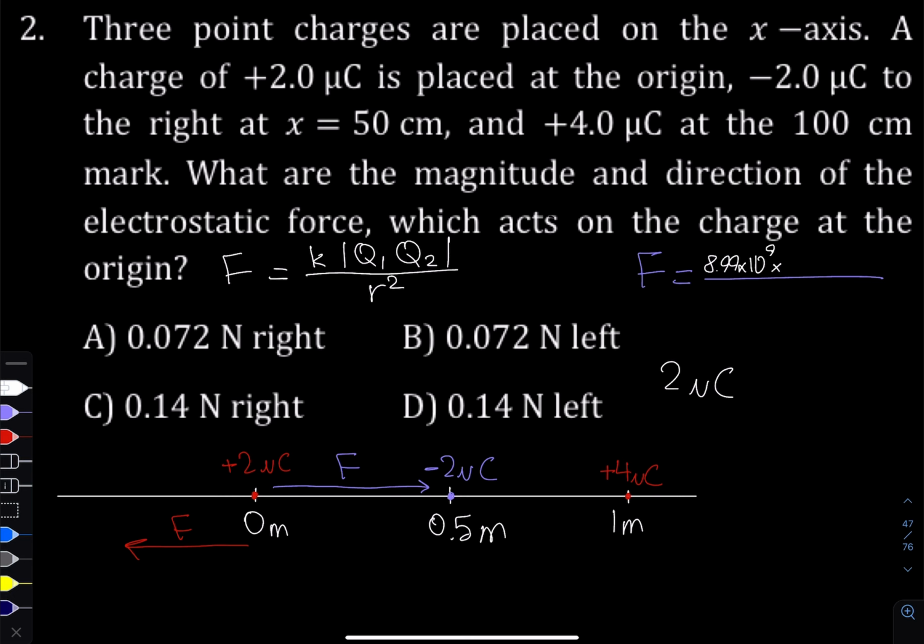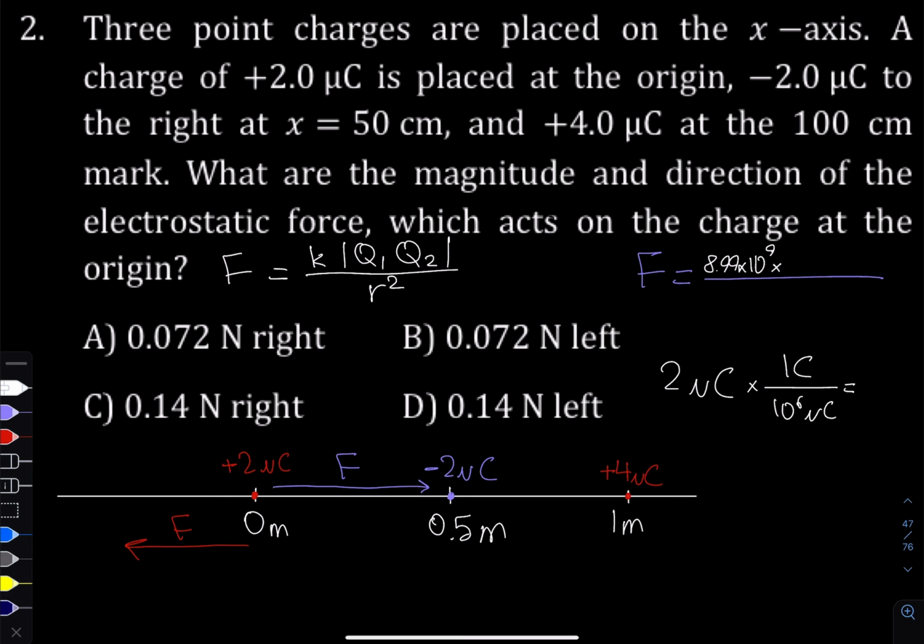But we said that these charges have to be in coulombs, so we need to do a conversion. Basically, 10 to the 6th microcoulombs equals 1 coulomb.